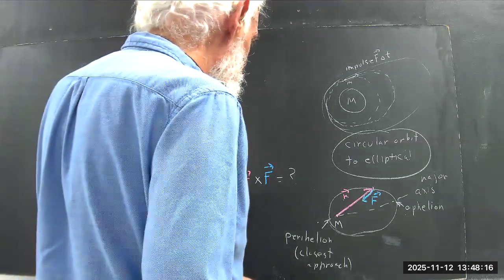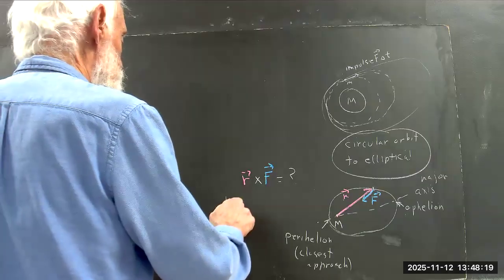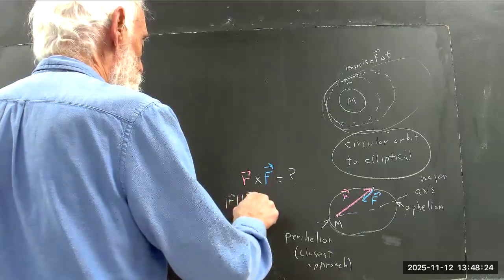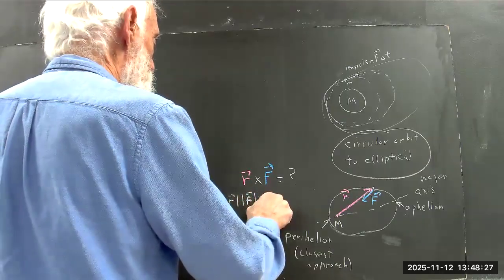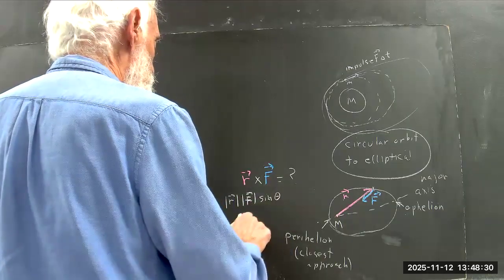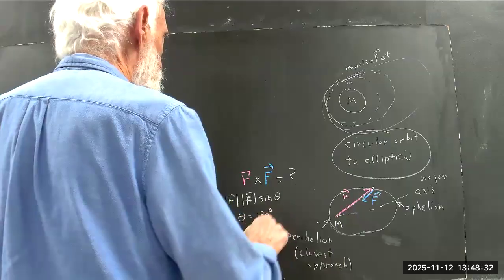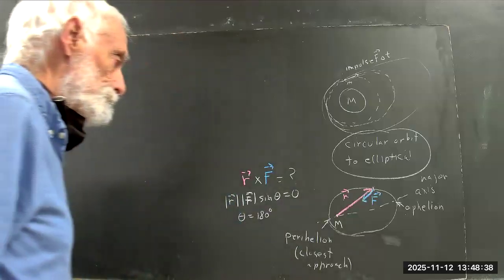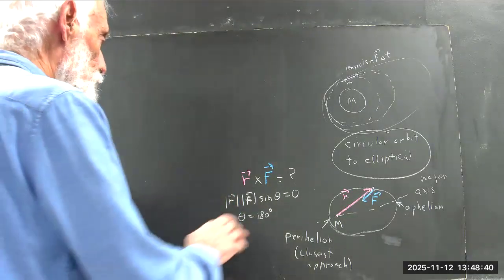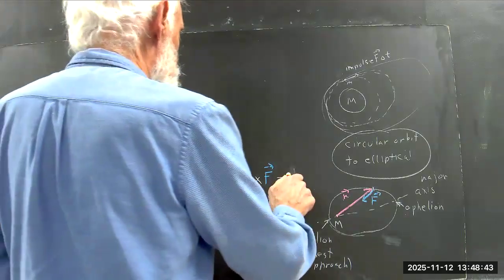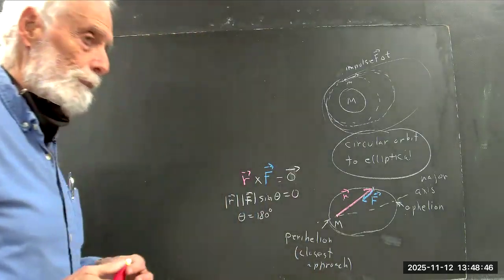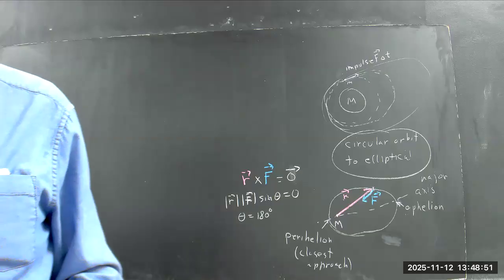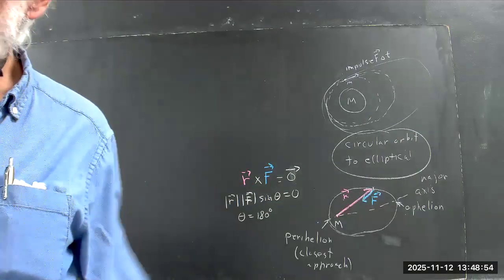So R cross F is just a zero vector. How much is it going to change the angular momentum over the next couple of seconds?